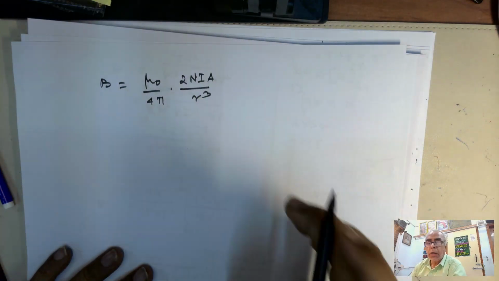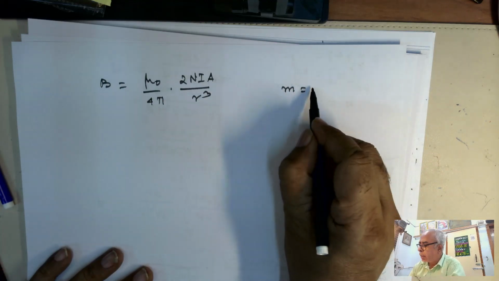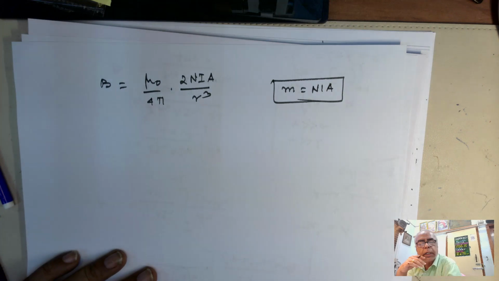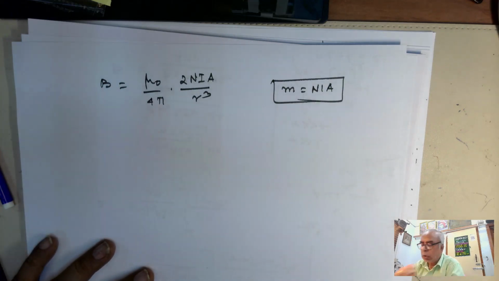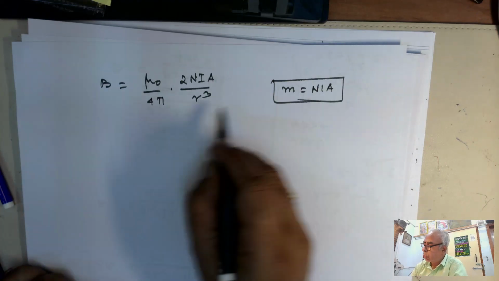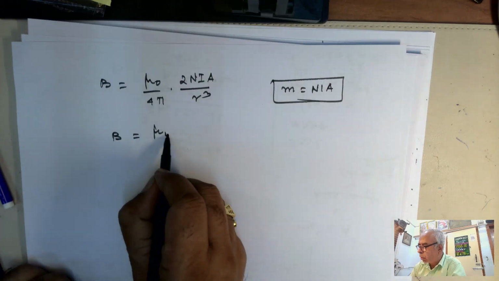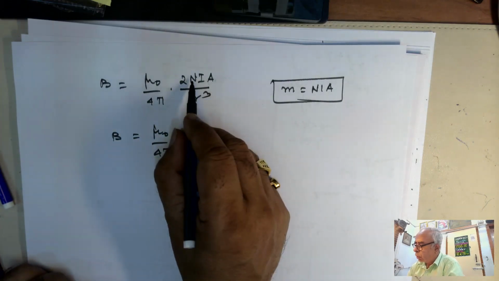Now, here M is the magnetic moment that is equal to NIA. Take down. This is a very important relation. M is equal to N into I into A. Therefore, B is equal to mu naught by 4 pi into, what is that?